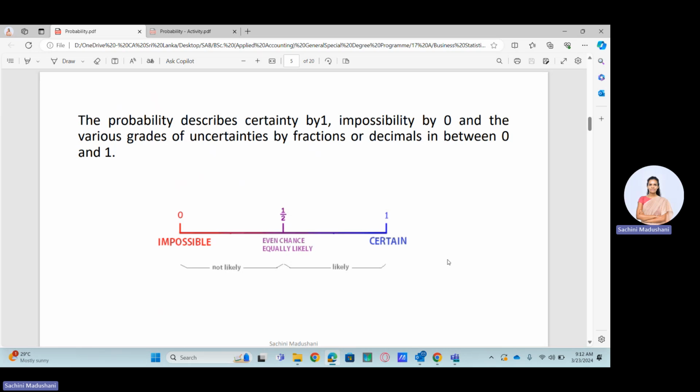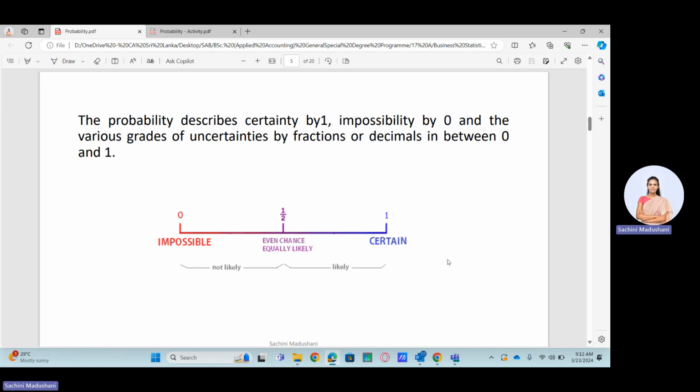A numerical measure of uncertainty we call probability. Normally the value range of probability is 0 to 1.